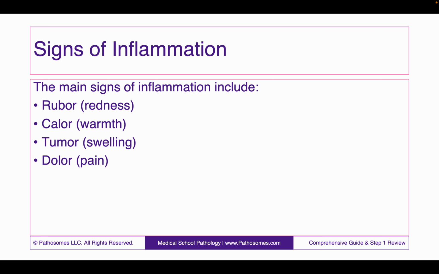Make sure you got this slide down pat. You're definitely going to be asked this. The main signs of inflammation include rubor, calor, tumor, and dolor. What's rubor? Redness. What's calor? Warmth. What's tumor? Swelling. And dolor is Spanish for pain.